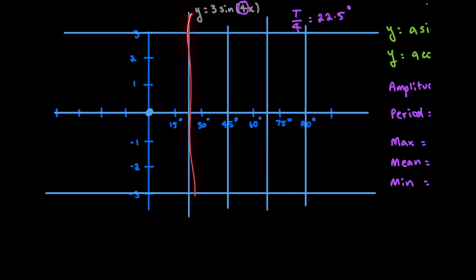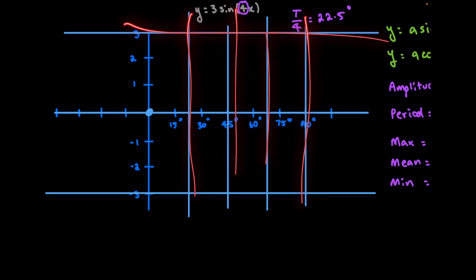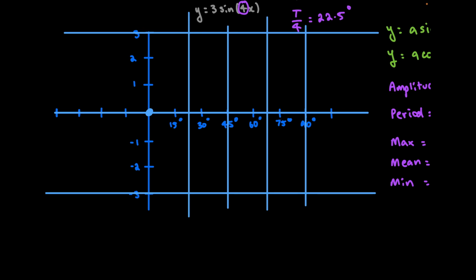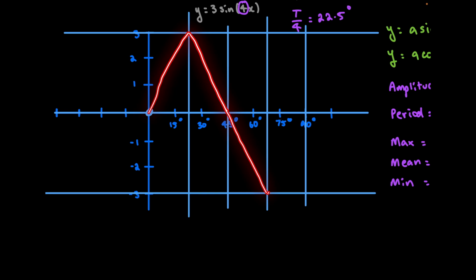And the purposes of these vertical and horizontal lines is to tell us exactly where to put those points. So if you have a look here, we can say that the graph will first go up to here, then down to here, then down to here, then up to here.